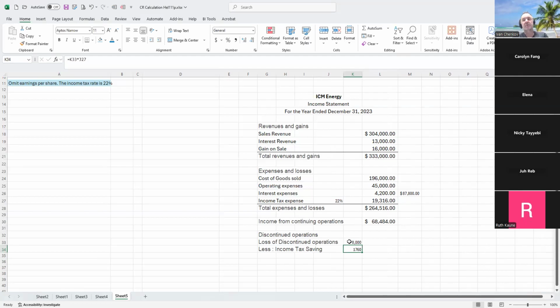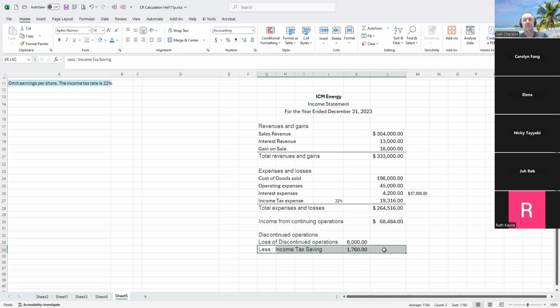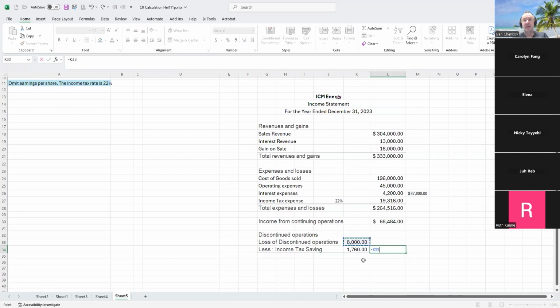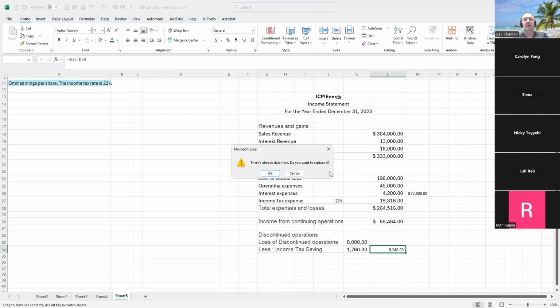So how much will be your total loss after the income tax saving? 8,000 minus 1,760, 6,240, which in this case will be a negative amount.